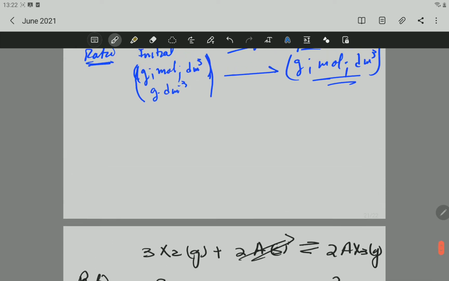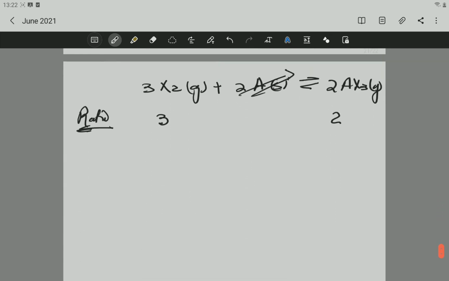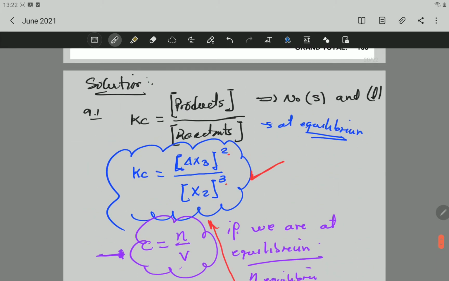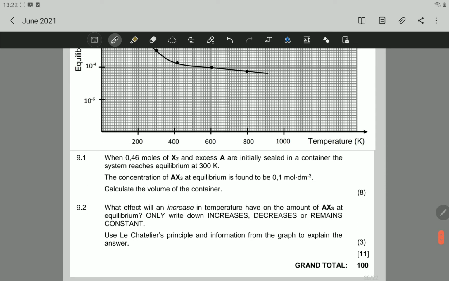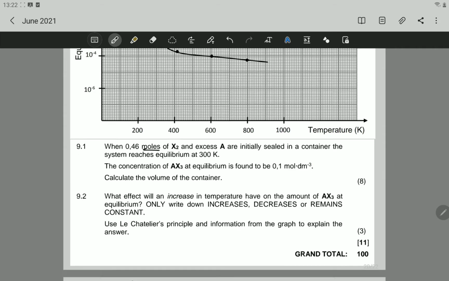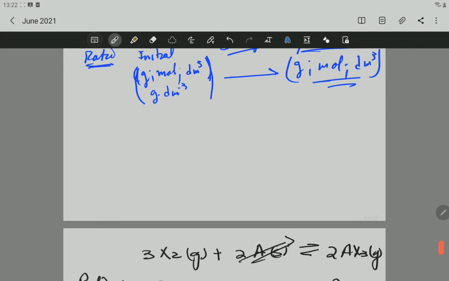Second part of the table is the I for initial. And obviously, we have to go back to the equation. Now the question says when 0,46 mole of X2, they are starting with number of mole, and excess of A are initially sealed in a container, the system reaches equilibrium. So the initial that we have is in mole.